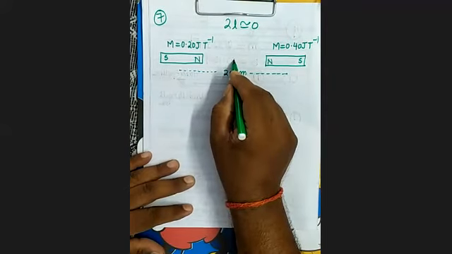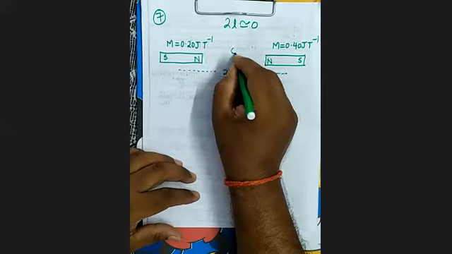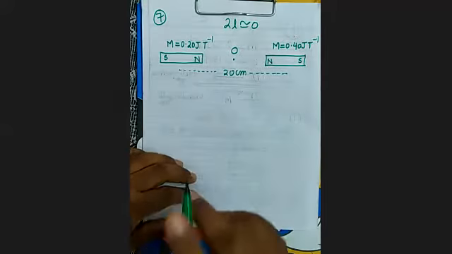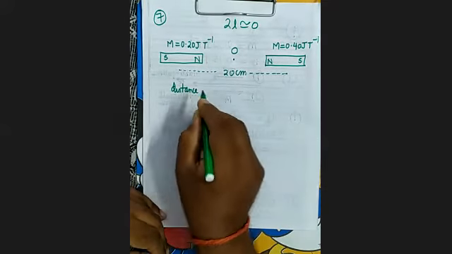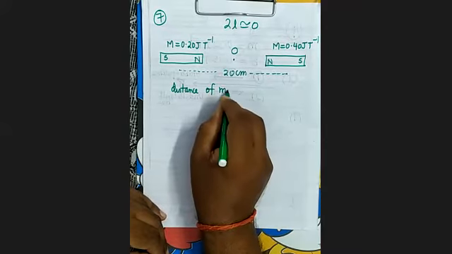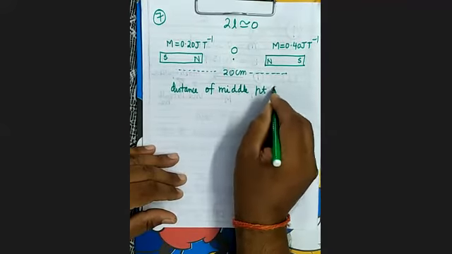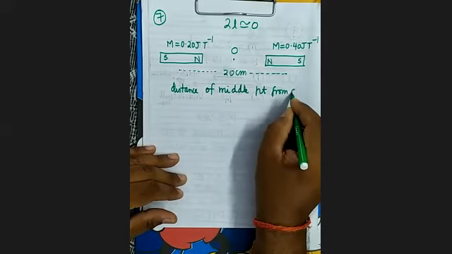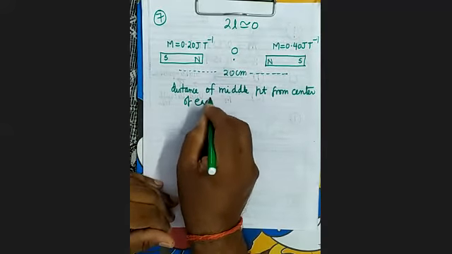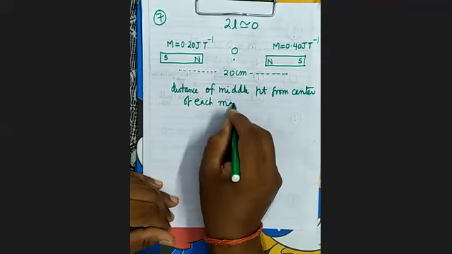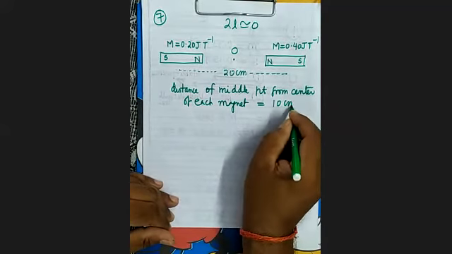Middle point means this point. So see here, what is the distance of the middle point from the center of each magnet? Here it is 10 centimeter.